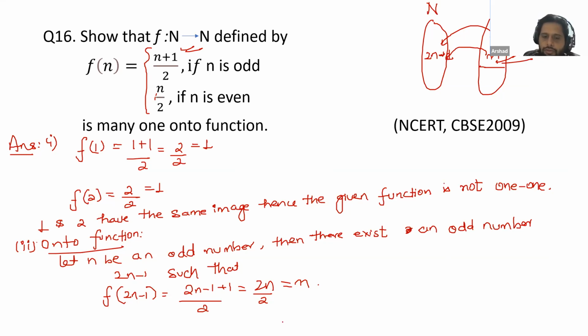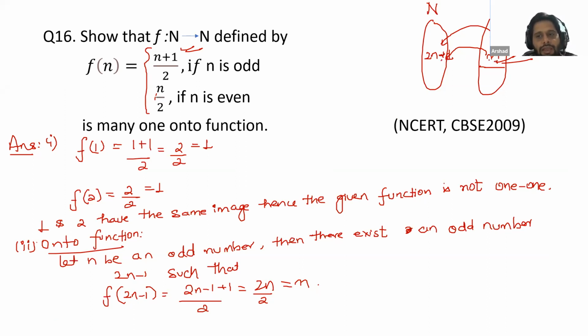For f(2n minus 1), because if we will put this 2n minus 1, then we are getting n. Then only we will be able to relate this n with this one. We need n finally. So what we are saying is that if we are putting 2n minus 1, we are getting n.